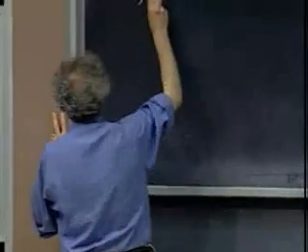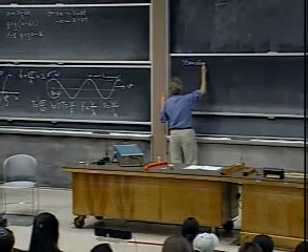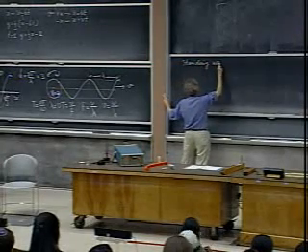Now I want to discuss with you a standing wave first, because standing waves are going to be important. This is a traveling wave. And now comes something even more intriguing, which is a standing wave.